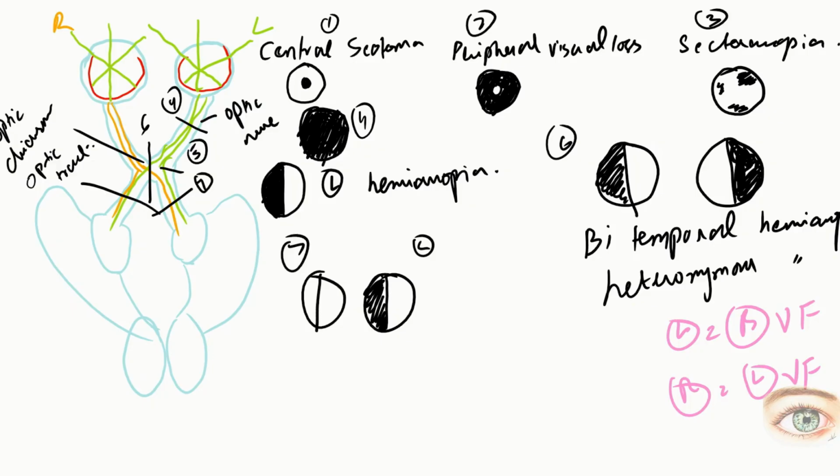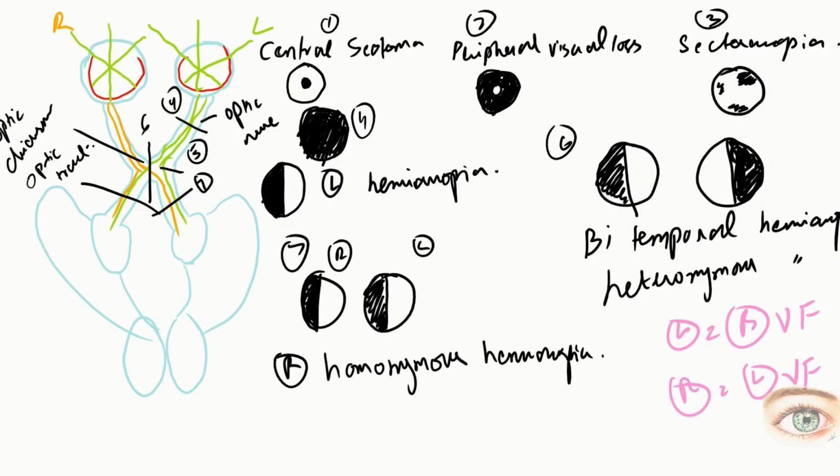And the right side nasal fibers are damaged, which means that the right temporal visual field is going to get lost, right? So what does this make? This makes a right homonymous hemianopia. So from here onwards, the left fibers are going to control the right visual field, and the right fibers are going to control the left visual field, right?